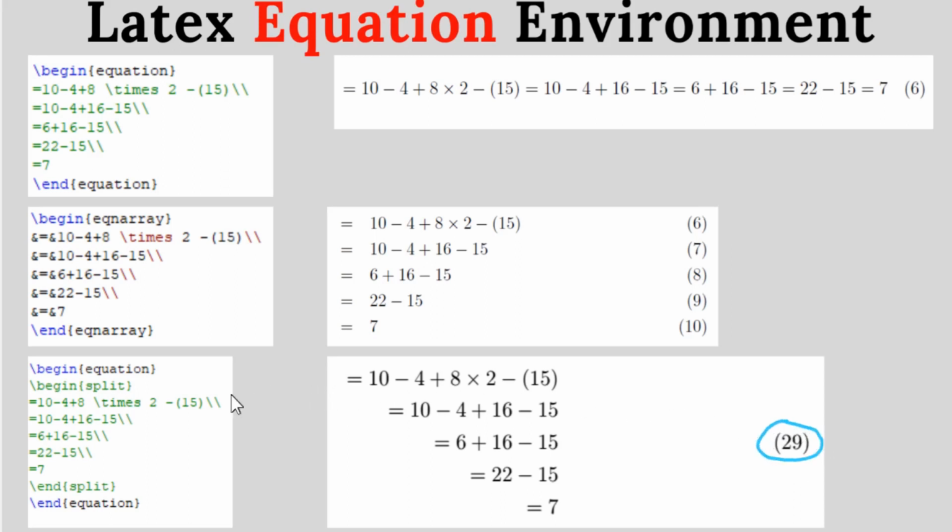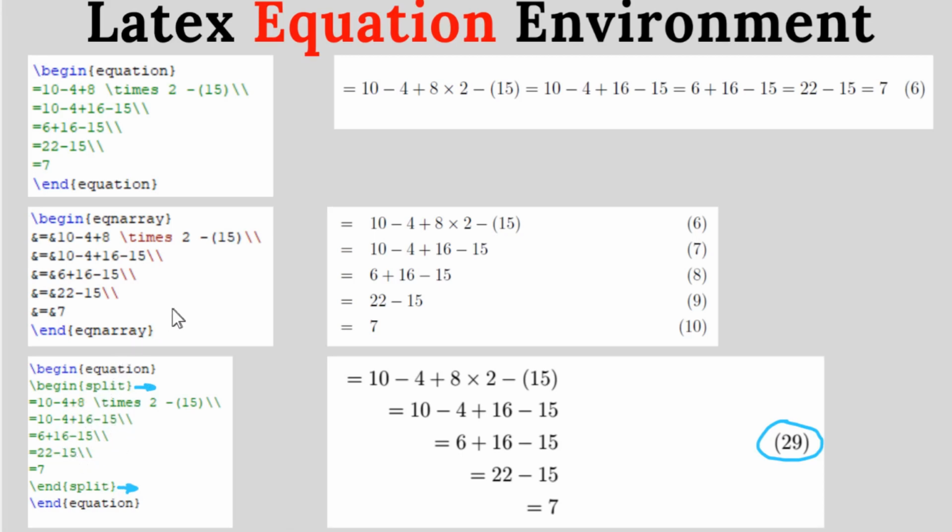In order to do that, we have to use an environment called the split environment, and the only two lines we have to add inside the equation environment are this one, begin split and end split. This environment can be nested inside the equation environment. The rest is exactly the same.